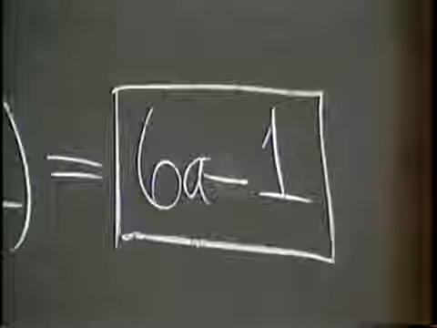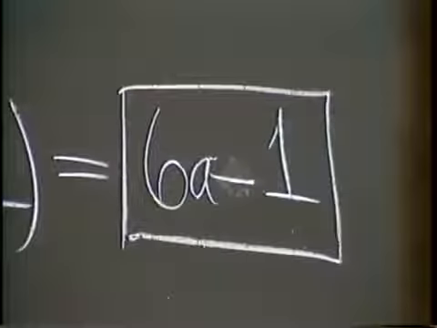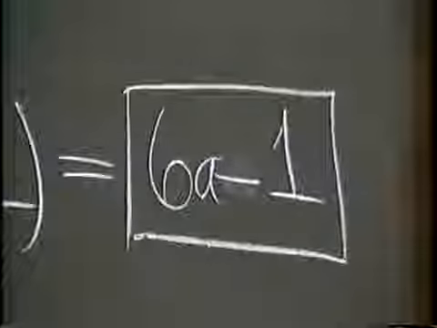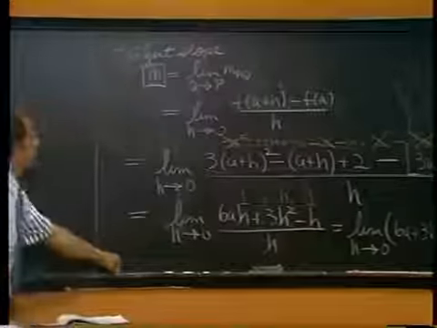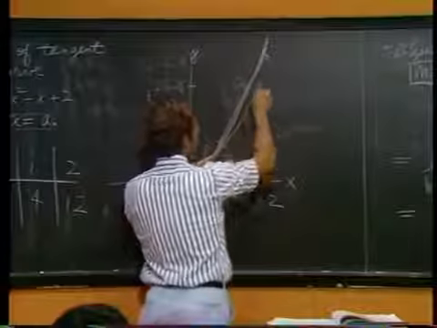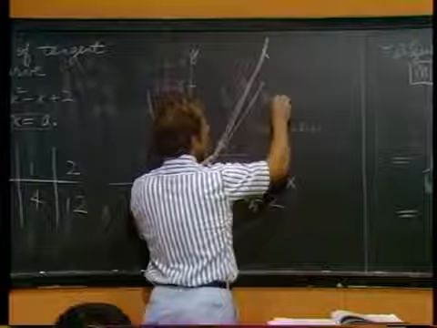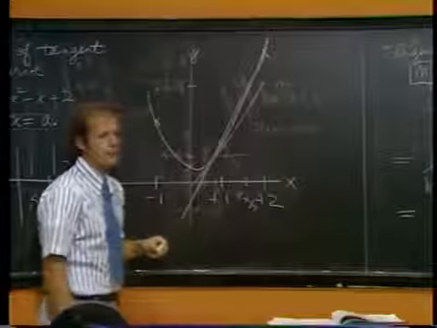And if you're like me, when you're all done, you wonder, not only did you do it right, but what did you just do? So you follow all this backwards. Yes, the thing we were after, namely the slope of the tangent line over here, regardless of what a is, has slope equal to 6a minus 1.